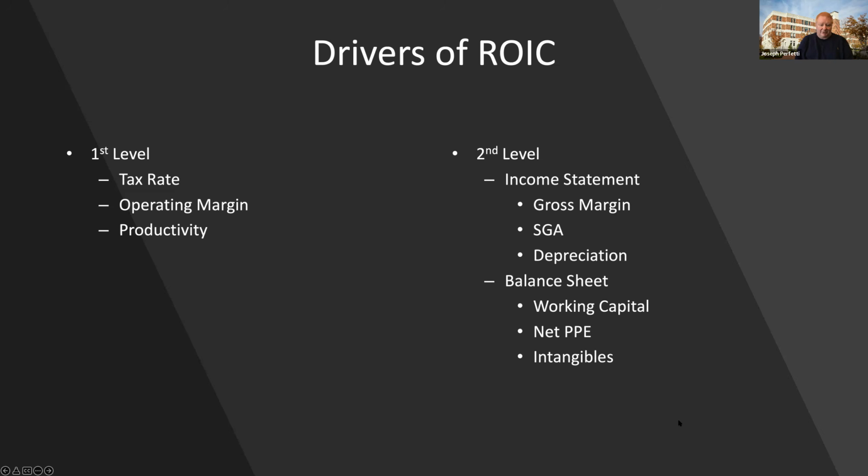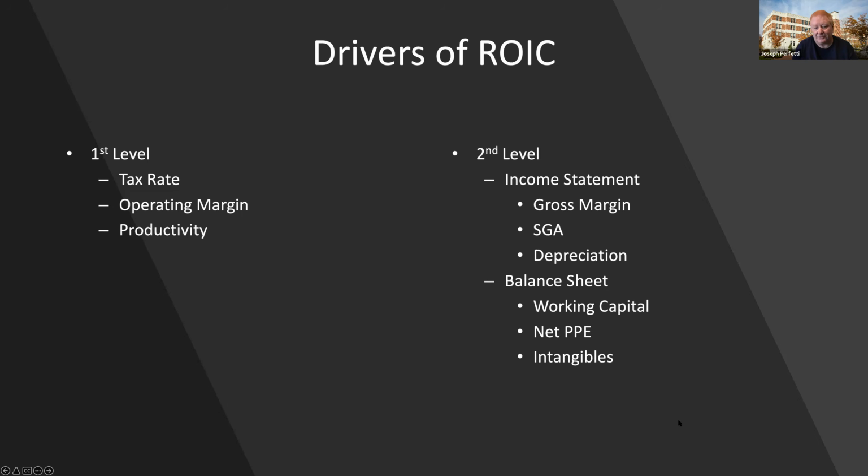So the first thing we're going to do is explain how those 3 drivers explain the changes in ROIC over time. Second level drivers analysis will be, okay, operating margins, one of the drivers, operating margins, a function of the income statement. What are the items in the income statement, gross margin, SG&A, and depreciation, that explain the changes in the operating margin?